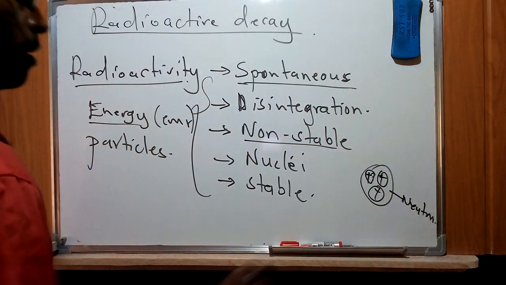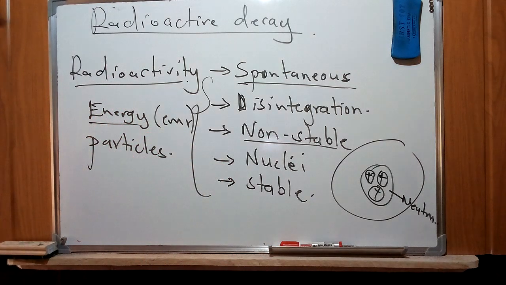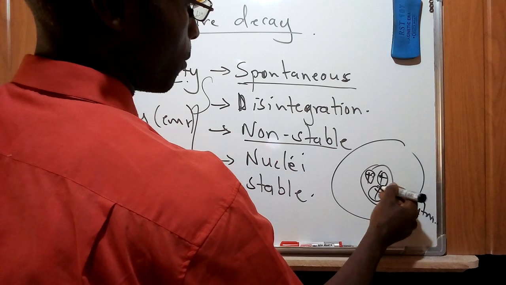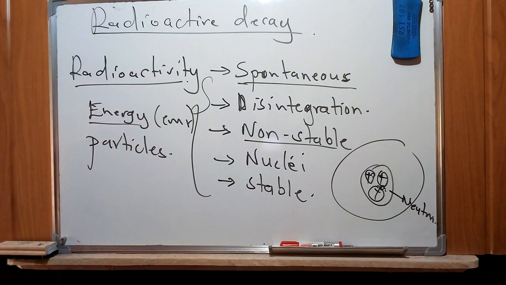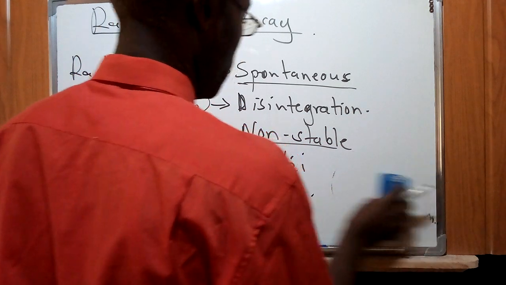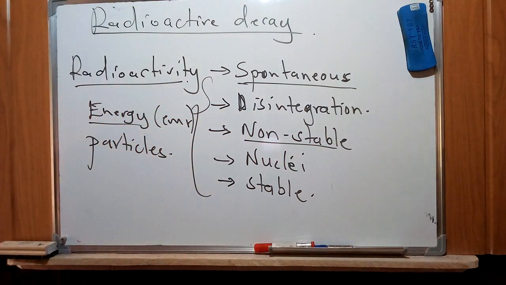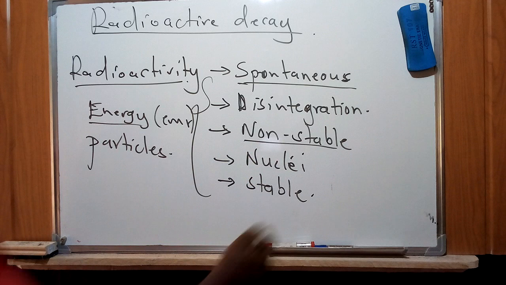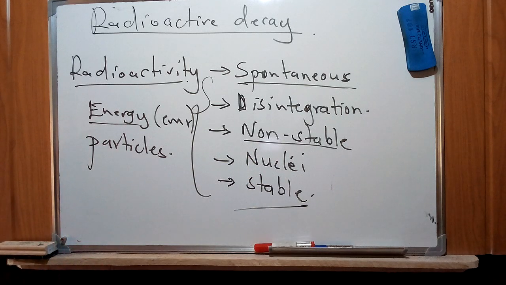For this part of the atom to be stable, or just to maintain balance due to the repulsive forces of the protons that are positive charges, the nucleus has nuclear forces which keep them together. If there is an imbalance in these forces, then we're going to experience what we call nuclear instability, which we have mentioned in point number 3. So that's where the concept of stability stems from.